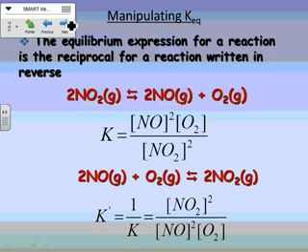So if I'm adding equations together, and in the course of that I need to flip this so that it's written in the opposite direction, then I have to take the inverse of my K. It becomes 1 over K instead.